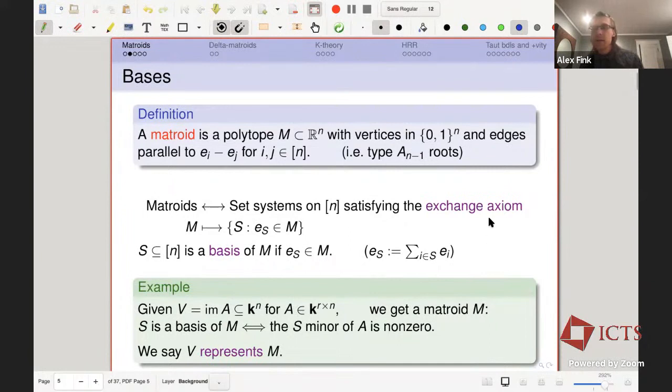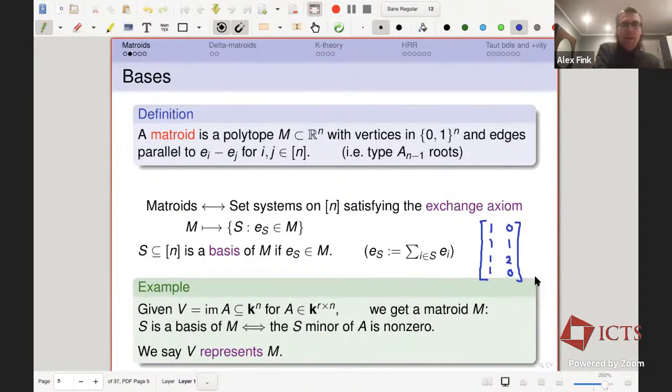So I'll do them as row vectors, so I can use the same vector for 1 and 4, and then put non-parallel vectors in for the second and the third. So this is an example of a matrix which represents the matroid on the previous slide. If I look at which minors of this matrix are 0 and non-zero, I get the set system whose convex hull is the polytope in green on the previous slide.